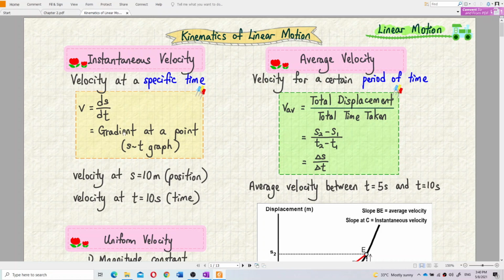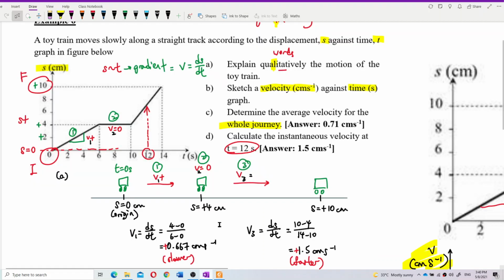So for 12 seconds, we need to find the gradient over here. This gradient is the instantaneous velocity at 12 seconds. So you just find the gradient of this part.